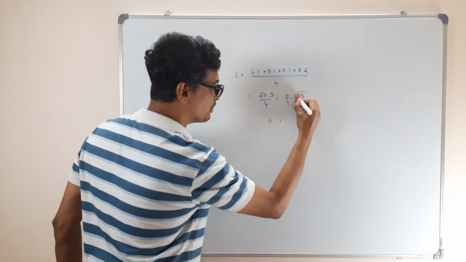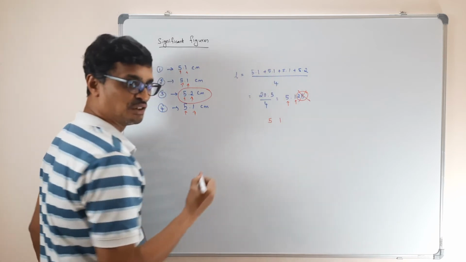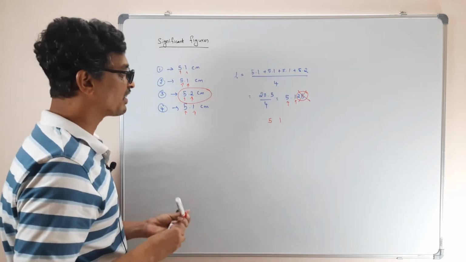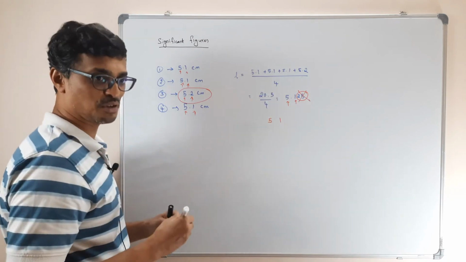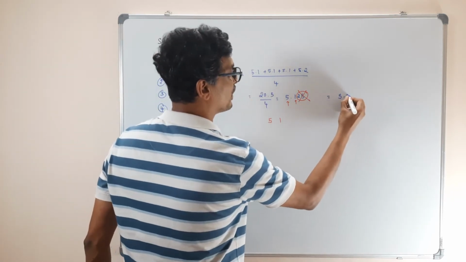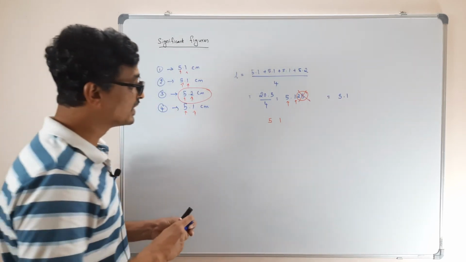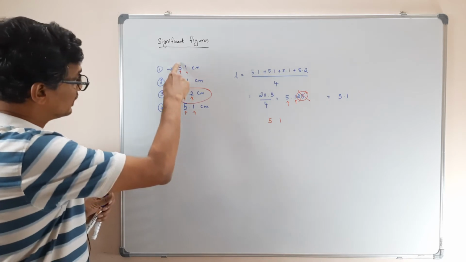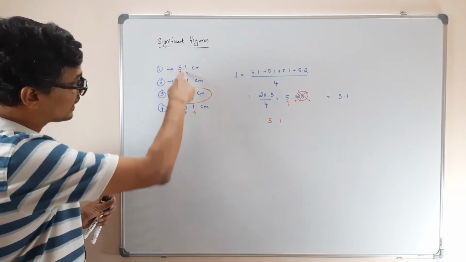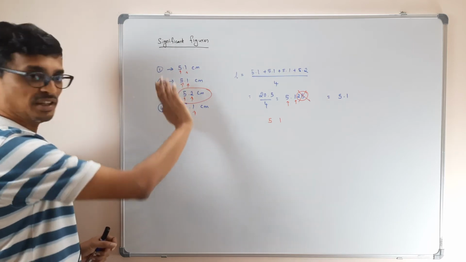The remaining digits I am not going to use. Even though the most probable value comes out longer, I will write it as 5.1. You got it? Significant figures are the figures which appear the same in all the measurements plus one more digit.